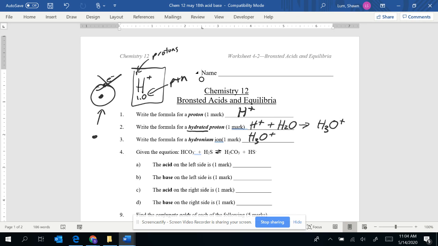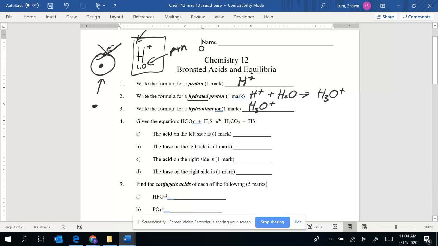Okay. So next one right here, it says give the equation HCO3 minus plus H2S turns into H2CO3 plus HS minus. The acid on the left side. So we're going to take a look at this one and this one. An acid, remember, donates protons, so it gives up those H pluses.